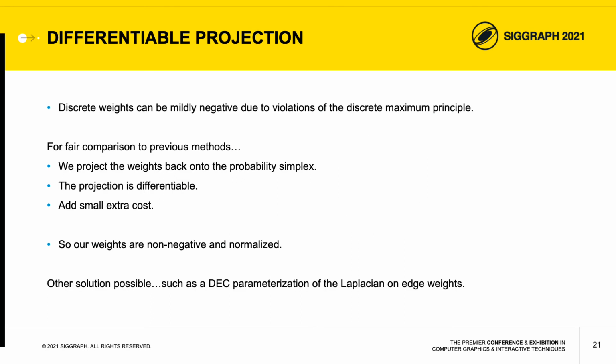Also, discrete weights W can be mildly negative due to violations of the discrete maximum principle. For fair comparison to previous methods, to avoid negative weights, we introduce a small modification to our method. We project the weights back onto the probability simplex. The projection is differentiable and it only adds small extra cost. This is a minor change and there are other possibilities.